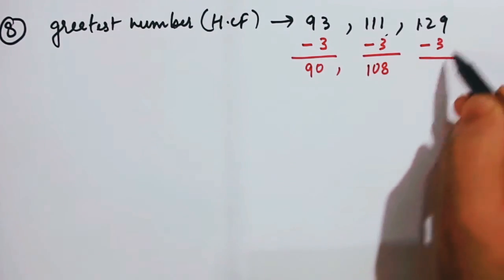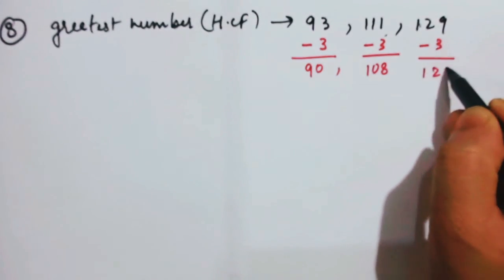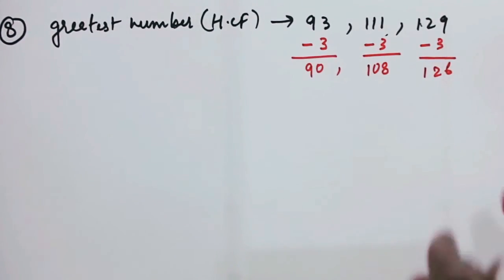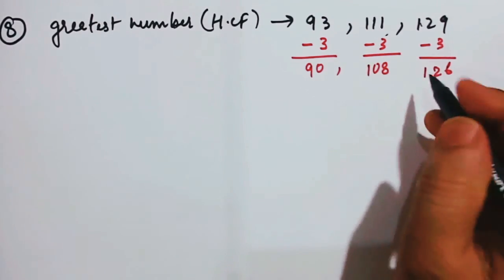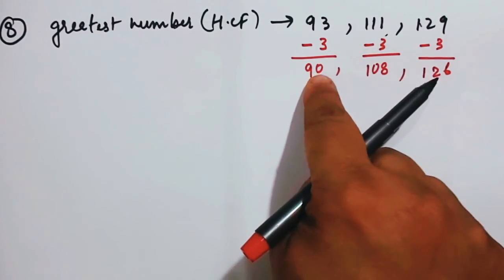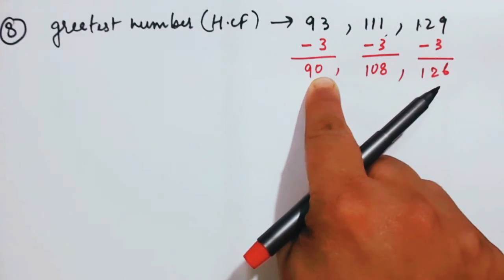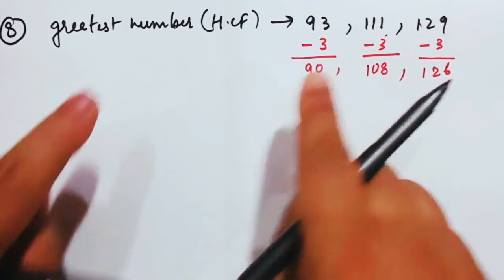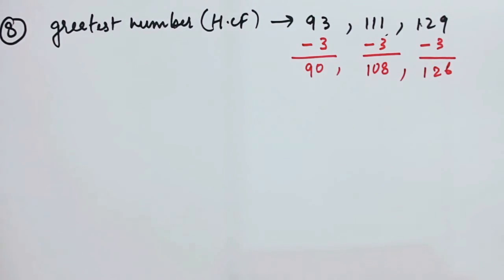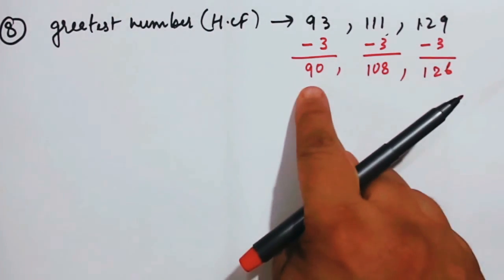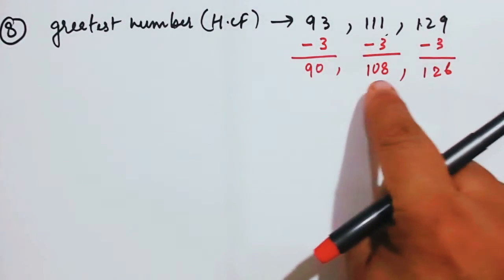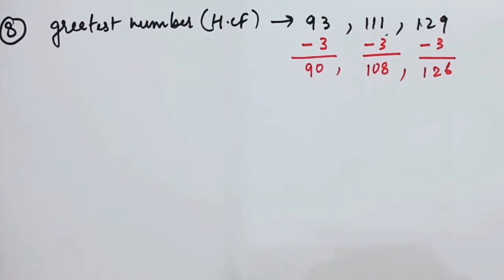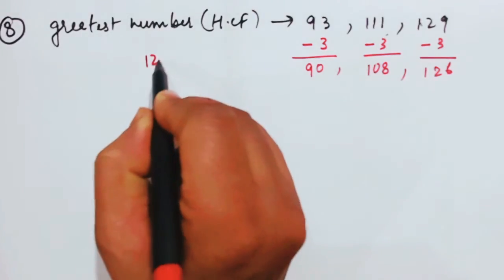Okay, 129 minus 3, 126. So these are the actual numbers that when divided by that particular number, that is HCF, there will be no remainder. Clear? Okay, so now let us find out the HCF of 90, 108 and 126.